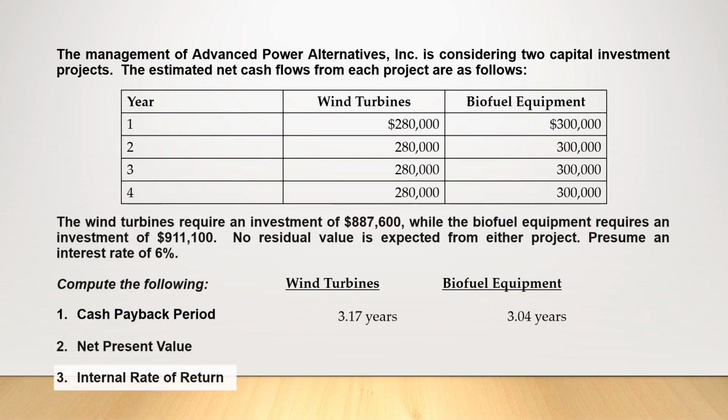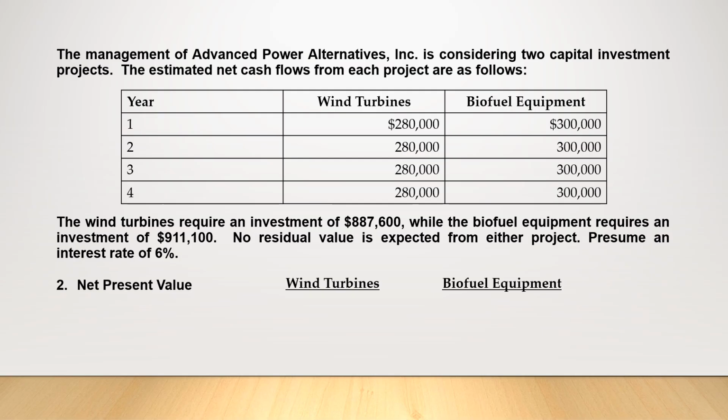Number 2, the net present value. First, calculate the present value of the future cash inflows: 280 grand a year for the turbines and 300 grand a year for the biofuel equipment.